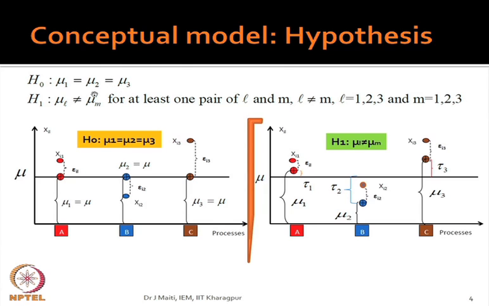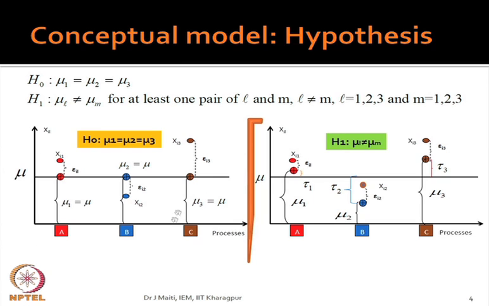As we have taken three processes A, B and C, we are saying that process A mean is mu1, process B is mu2 and process C is mu3, and no difference means mu1 equal to mu2 equal to mu3. And our alternative hypothesis is that at least one of the pairs, that means either mu1 mu2 pair or mu1 mu3 pair or mu2 mu3 pair, is different.